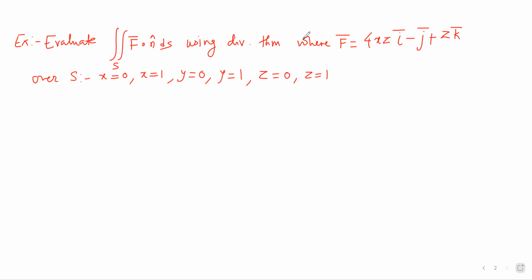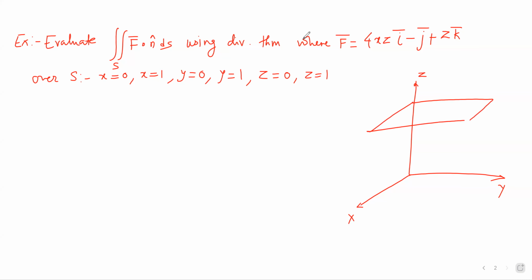So what is given to you, these are all the planes, correct? And you can draw the diagram for this. So this is nothing but a cube. These are the x-axis, y-axis, z-axis. So you can see that x equal to 0 plane, x equal to 1 plane, correct? So that way we can draw this. My cube is not so nice here. You can see that this intersecting point is 1, 0, 0.